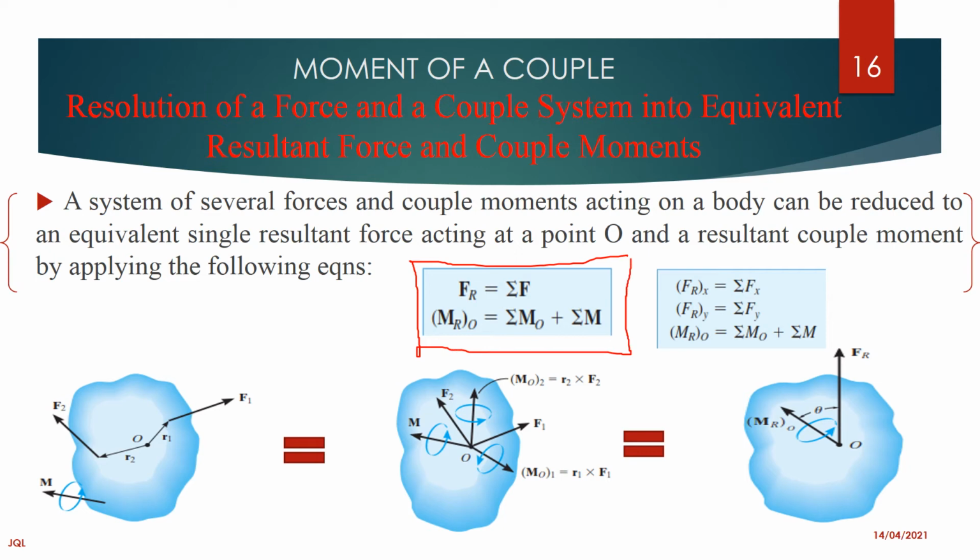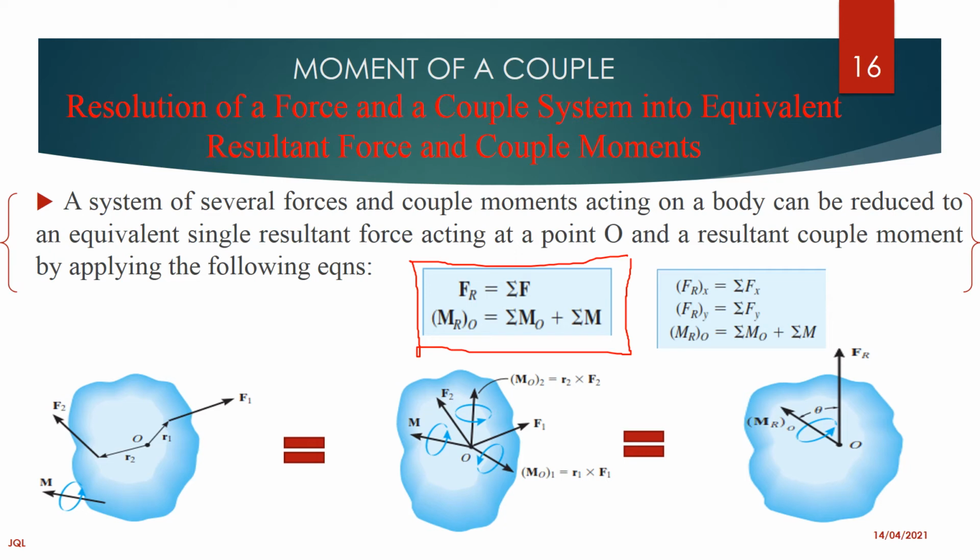Fr, this happens to be the resultant force, is equal to the summation of those forces. The resultant moment about O will be equal to the summation of moments about O plus the couple moment.